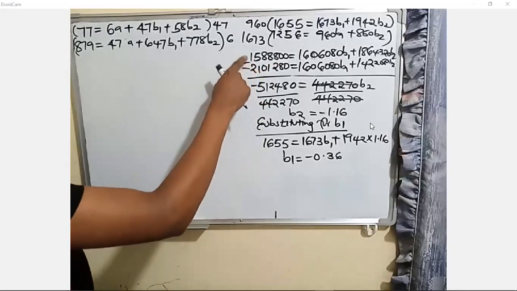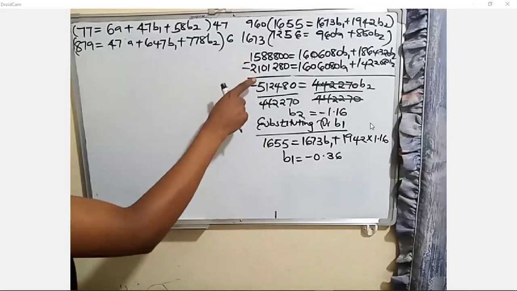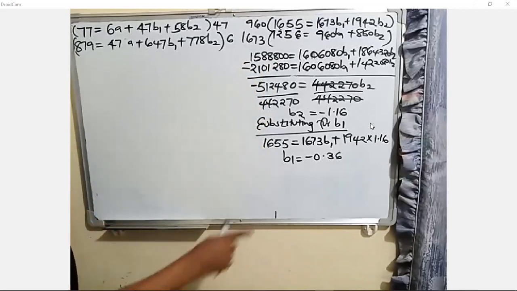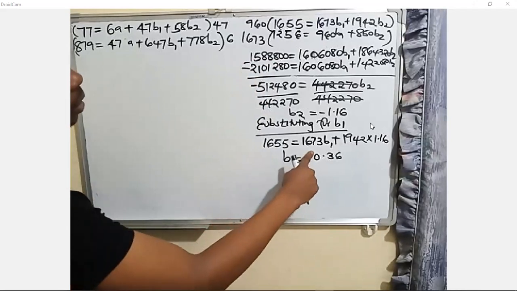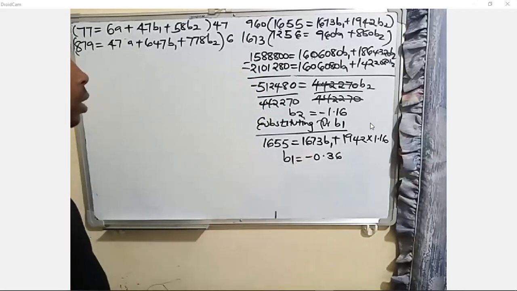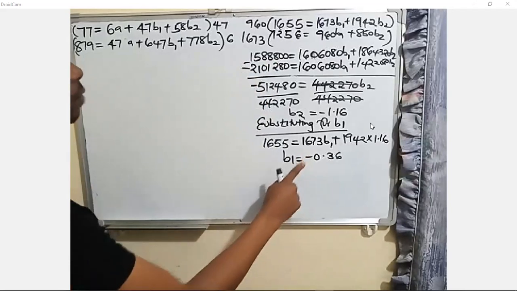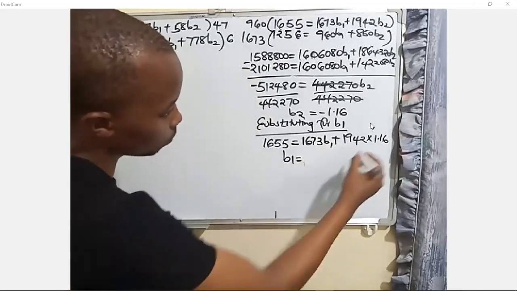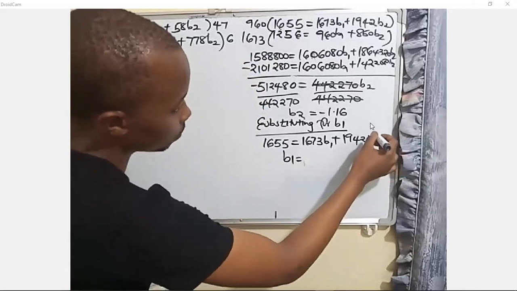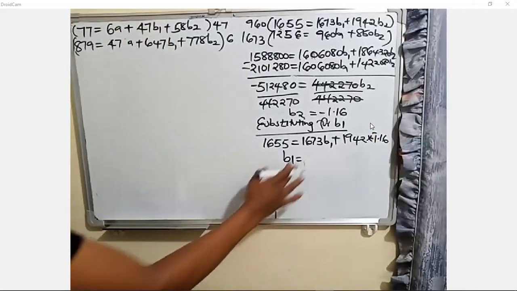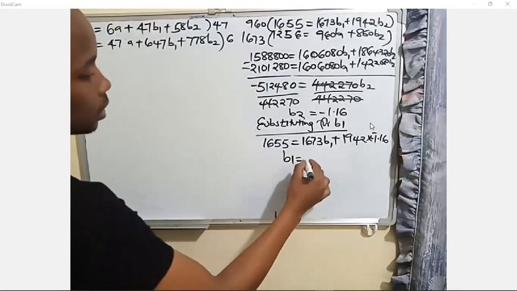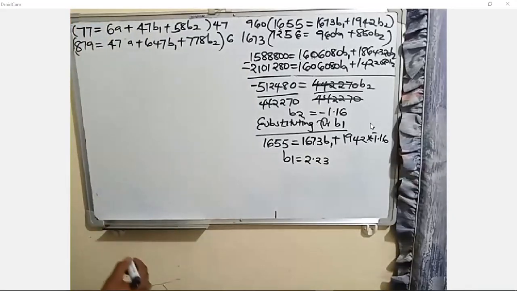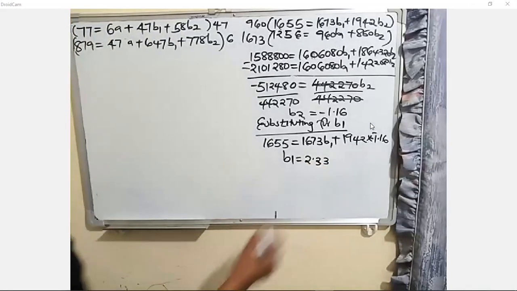B2 is negative 1.16. So here should be positive what? Mine is positive 2.33. Someone to confirm the answer.